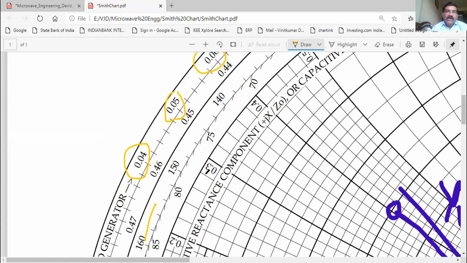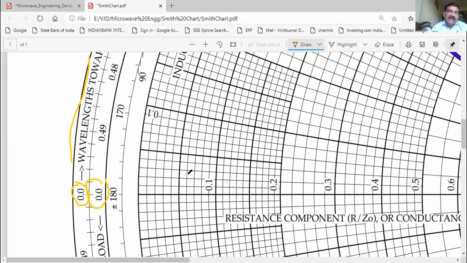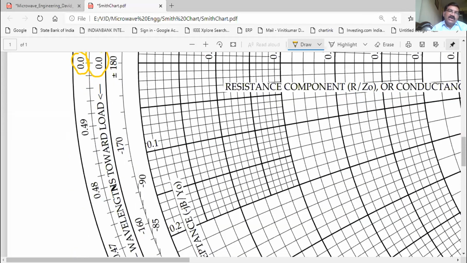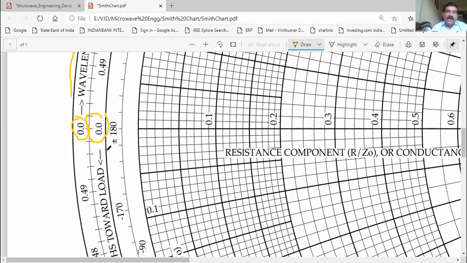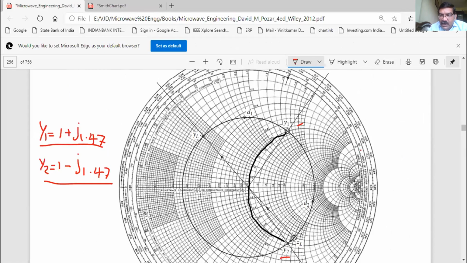And if you go for the lower circle, it is wavelength towards load. So we have to focus only on this upper one, which I have circled. Now I'll come back here. What is the wavelength toward generator value for this YL?